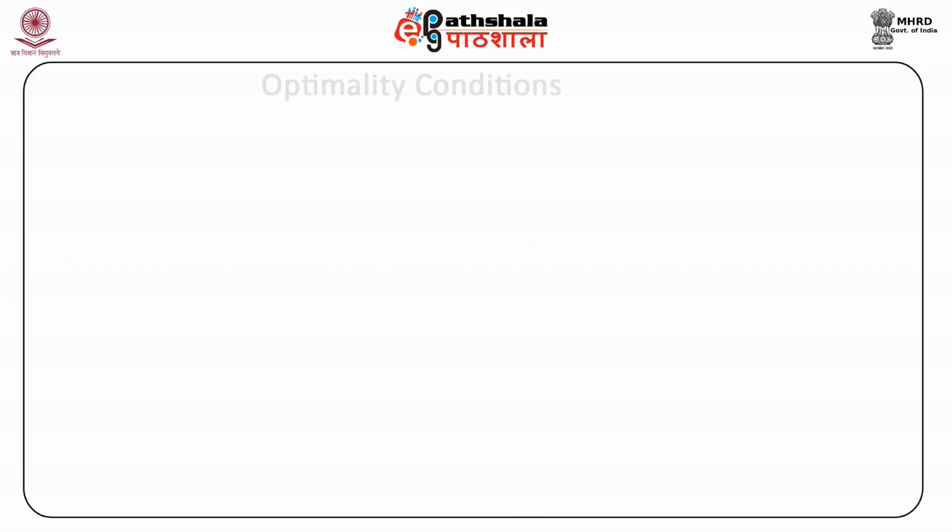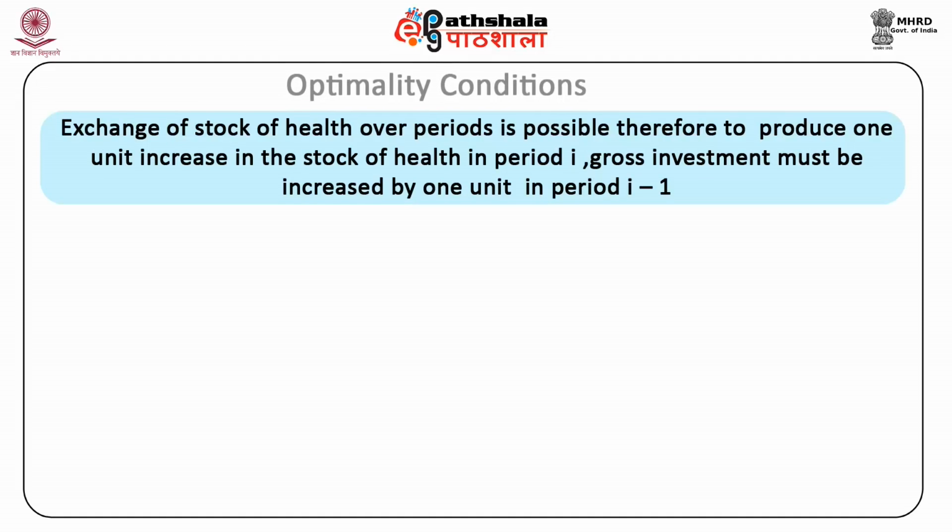The important observations from the above results are: exchange of stock of health over periods is possible, therefore to produce 1 unit increase in the stock of health in period i, gross investment must be increased by 1 unit in period i minus 1.